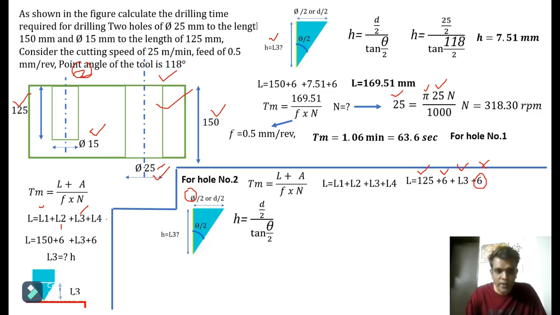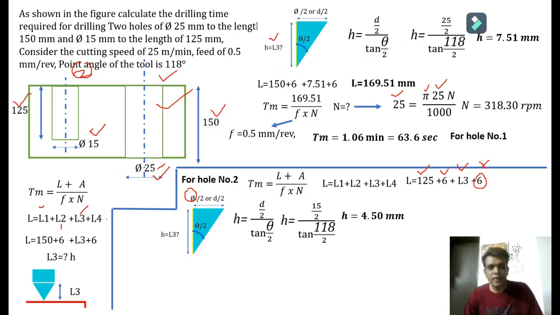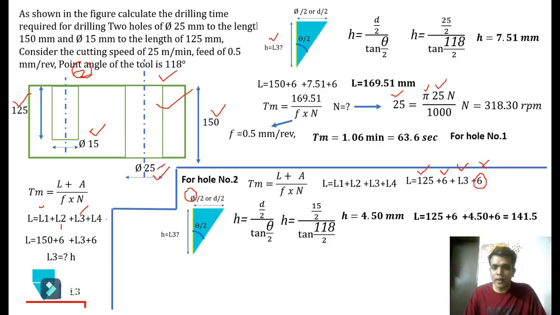Now d by 2 tan theta by 2, just go on calculating and we'll get the cone height h. Once we have h, we can easily get the total tool travel length L. As I said earlier, this 6 mm principally should not be considered, but just for understanding the difference, I have added it here.